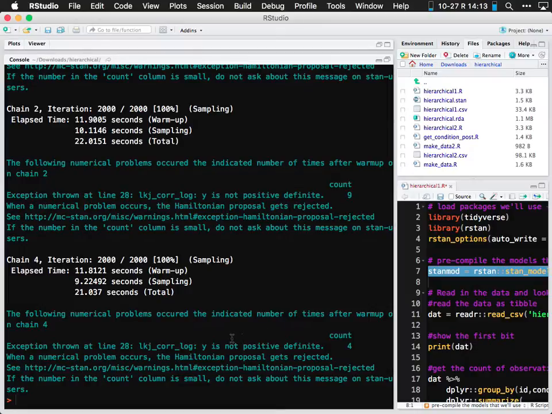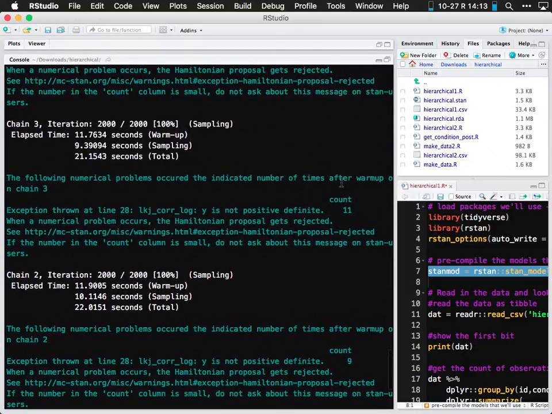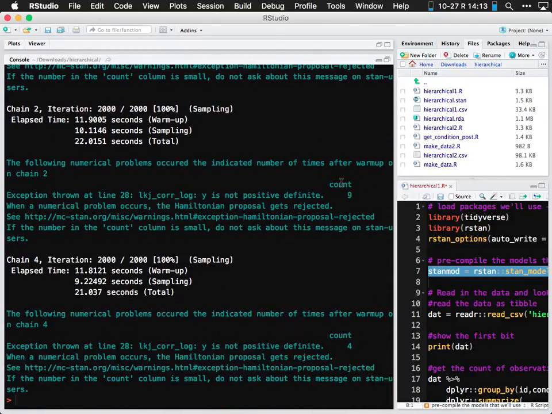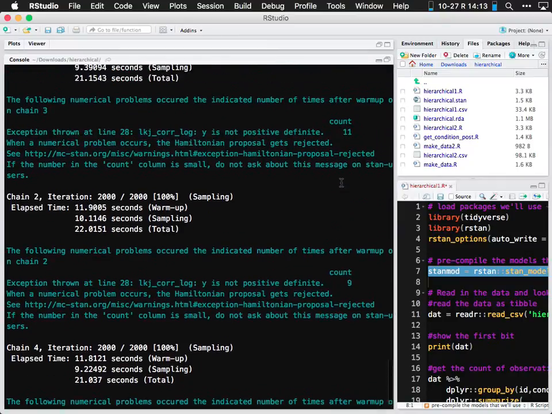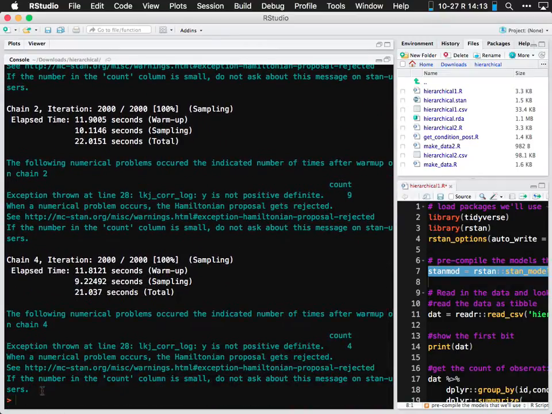I asked for 2,000 samples. Meanwhile, these are all sort of in the 20 and under, so that's definitely a small count. If it were up to like 1,000, that would be bad. But if it's 10% or less of the number of samples that you have, then you can ignore it.